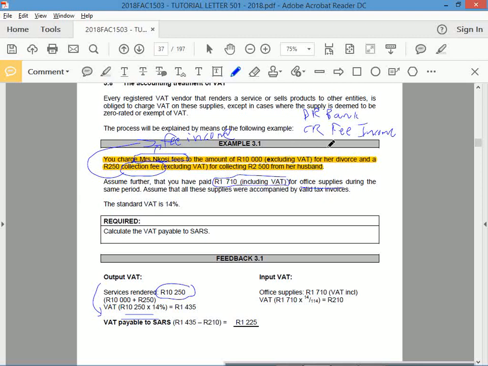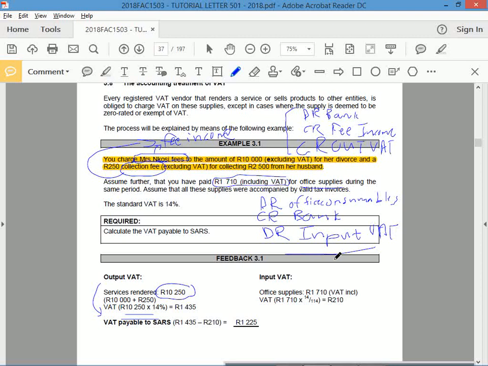Obviously this would have had a credit for output VAT because you would have to pay over something to SARS. See, there's the working. And then for this one, you would have office supplies, which would have been an expense. Office consumables. Okay, office consumables. And credit, bank. And debit, input VAT.